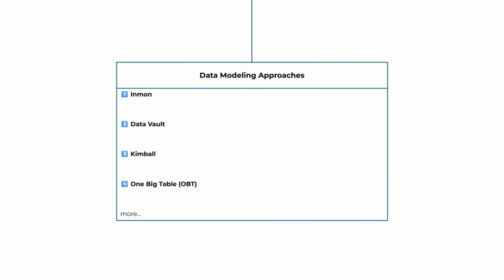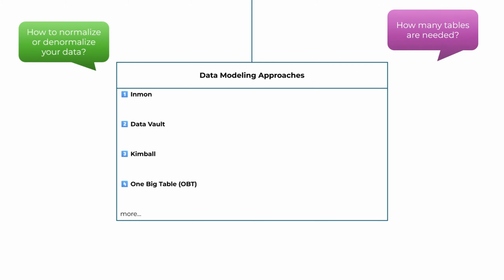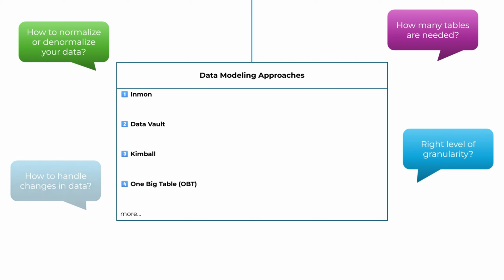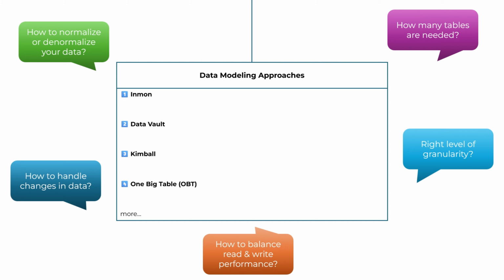Without understanding these modeling approaches, you cannot make correct decisions, such as how to normalize or denormalize your data, how many entities or tables we need, the right level of granularity or aggregation for each table, how to handle ongoing changes in dimensional data over time, and how to strike the right balance between read and write performance. You will need to carefully evaluate your business case using the principles of these approaches and design your data model, your CDM, LDM, and PDM accordingly.